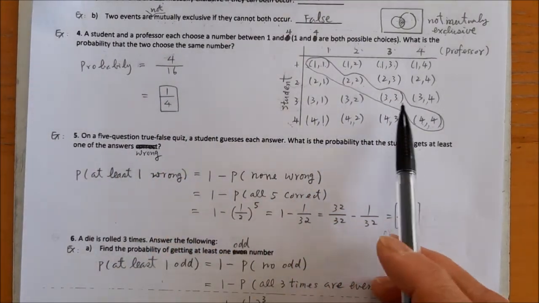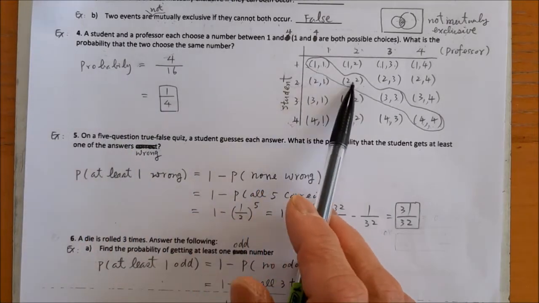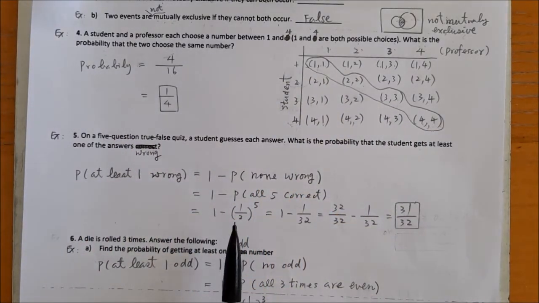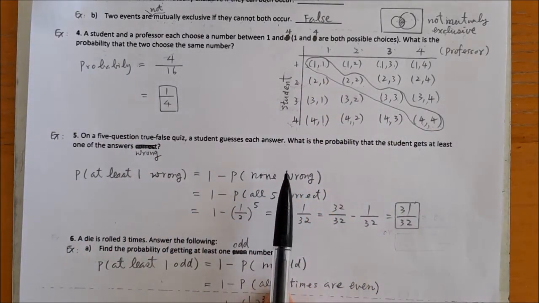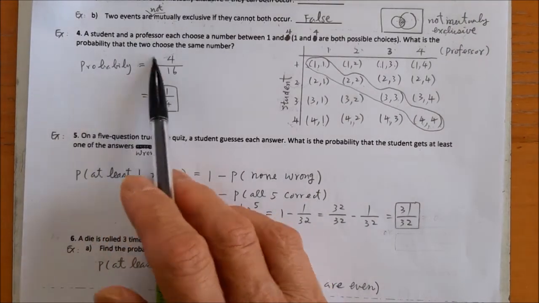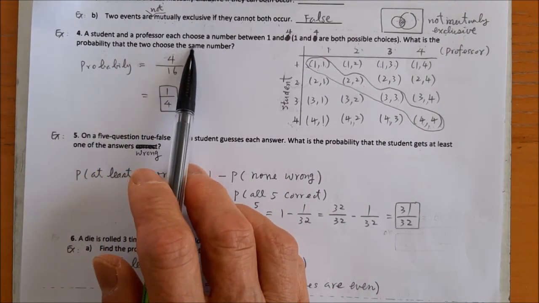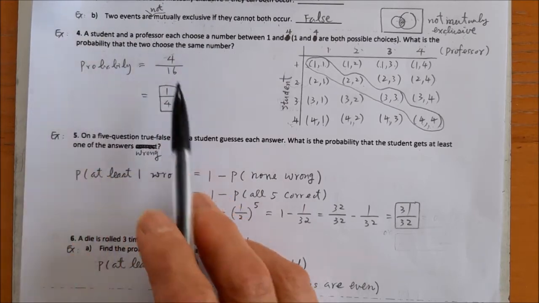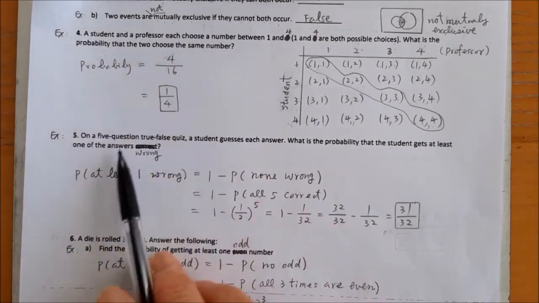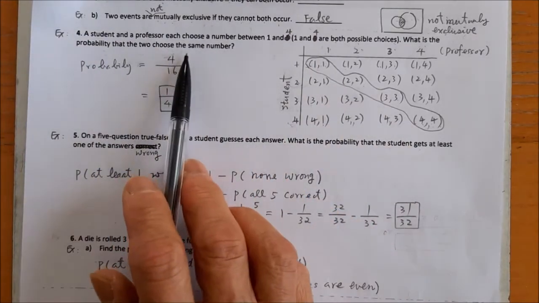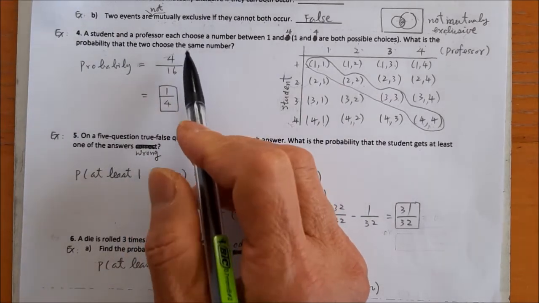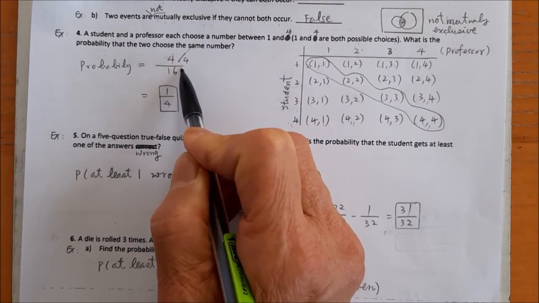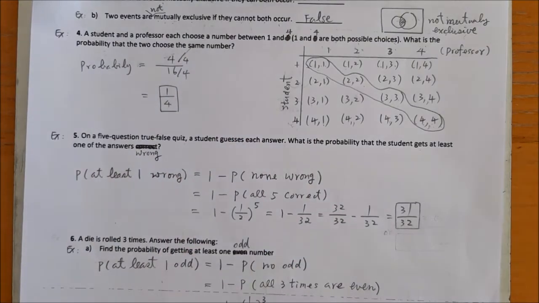So the probability that both the professor and the student get the same numbers is those 4 outcomes, 4 out of 16, and reduce, cancel common factor 4, get 1 quarter.